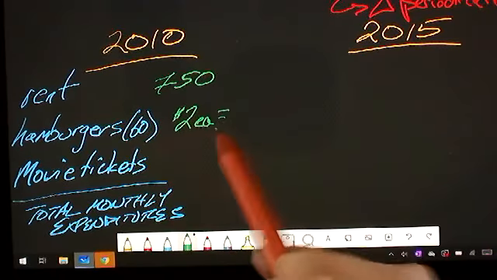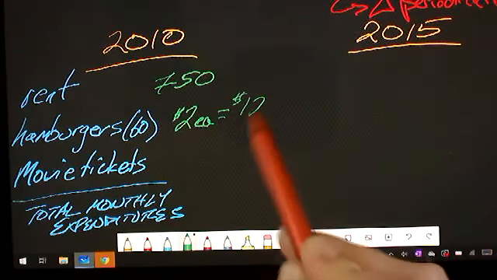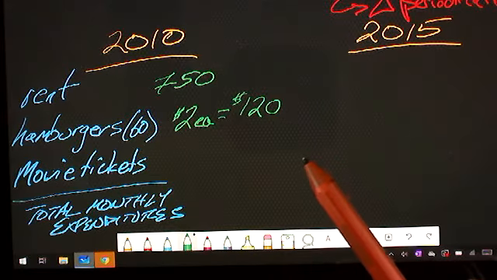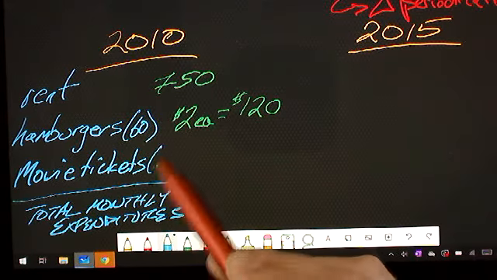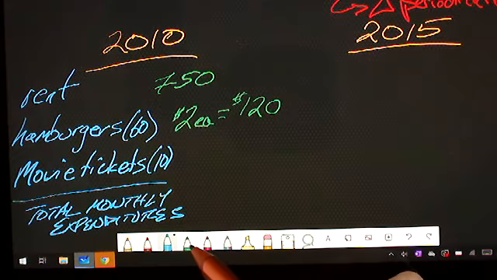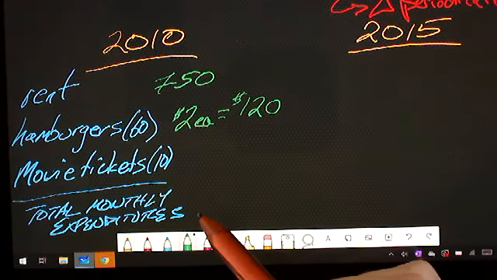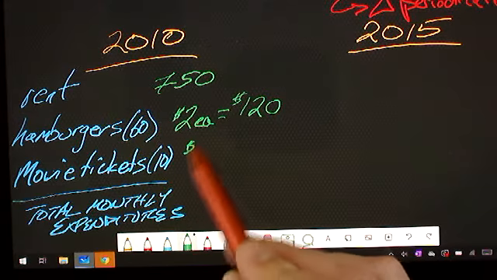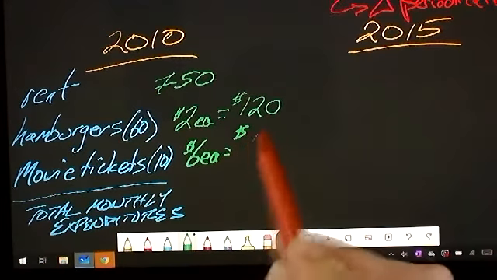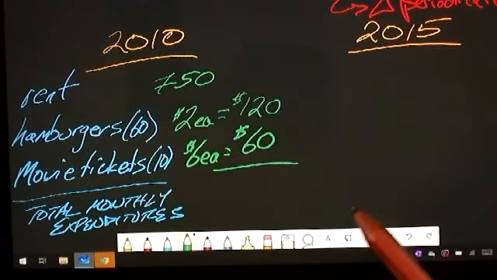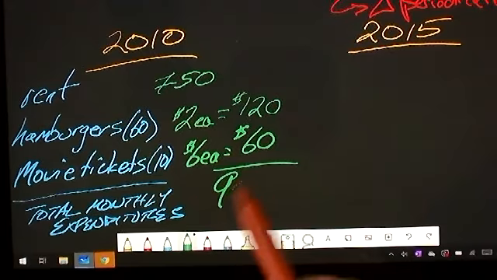So what does that mean? 60 times 2 means $120 I'm spending a month on hamburgers. Those movie tickets, we have to say how many: 10 movie tickets, assumed in 2010 to be $6 each. So that's 6 times 10, $60. We add all that stuff up, we end up with $940.